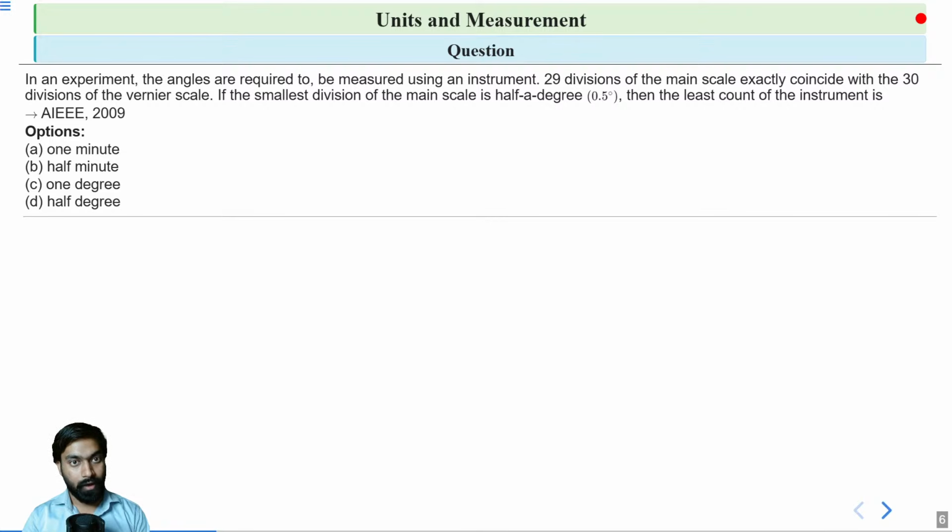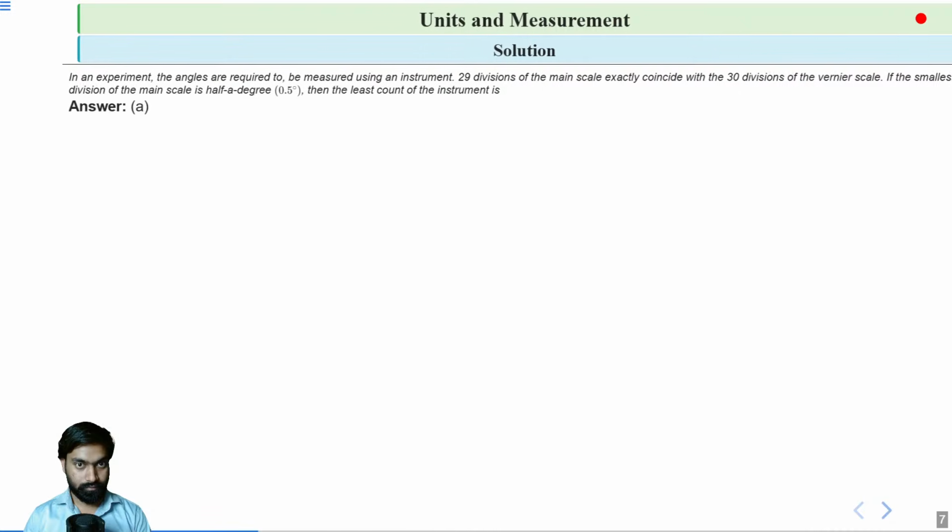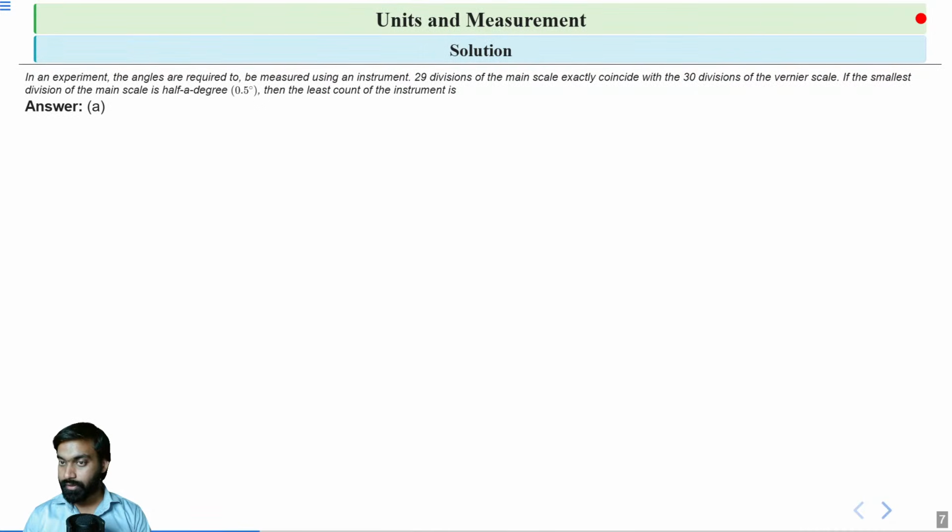The options are one minute, half minute, 1 degree and half degree. So correct option is A.